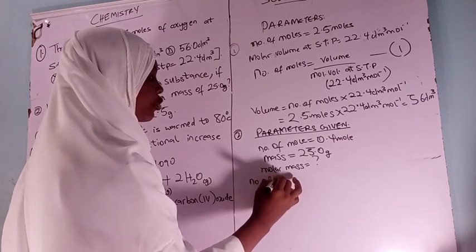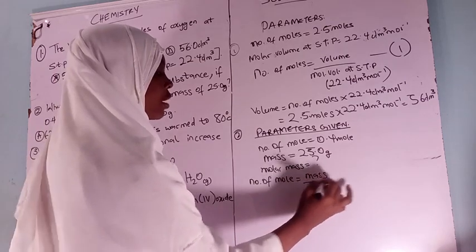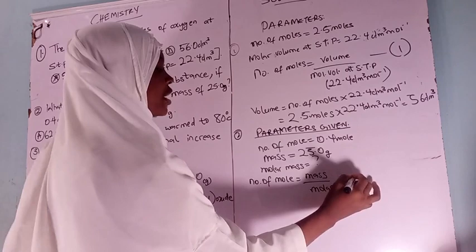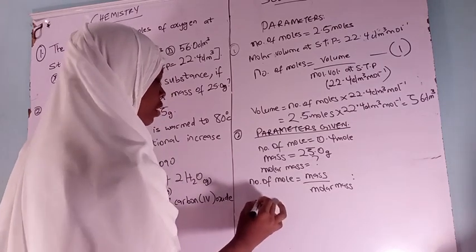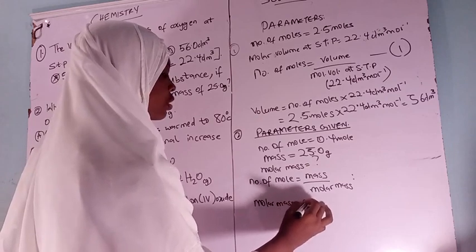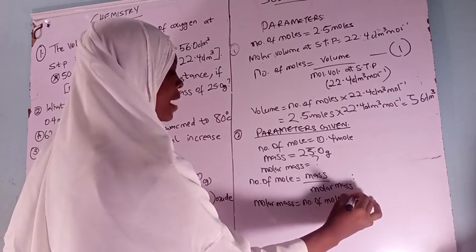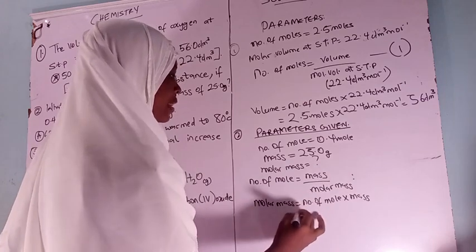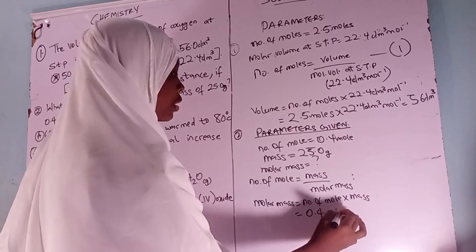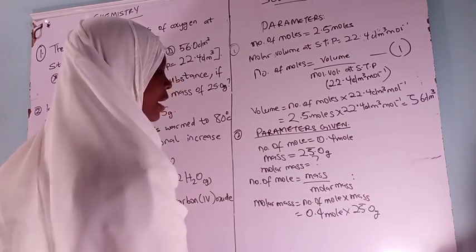We have number of moles equals mass over molar mass. And we are asked to calculate molar mass. From this, molar mass equals number of mole times mass. That is, we have number of mole is 0.4 mole times 25 gram.